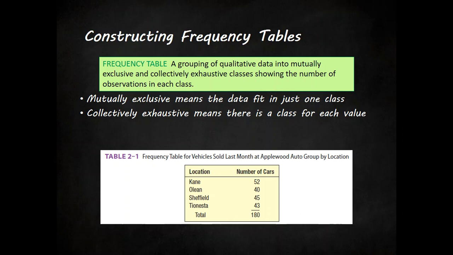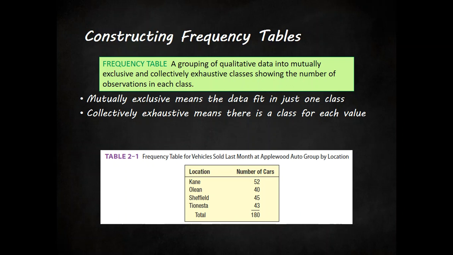So in this particular situation, that's a frequency table of vehicles sold in the last month by Applewood Auto Group by location. Say you couldn't have both Waco and Texas, because Waco is in Texas, therefore the numbers in Waco would also be in Texas.